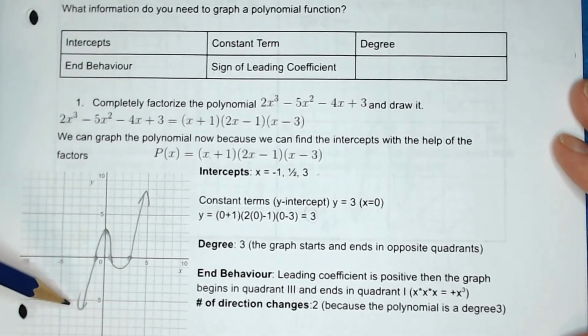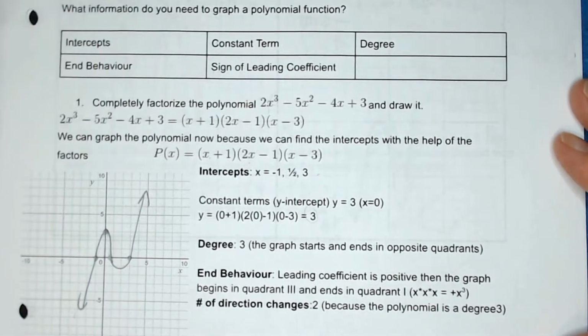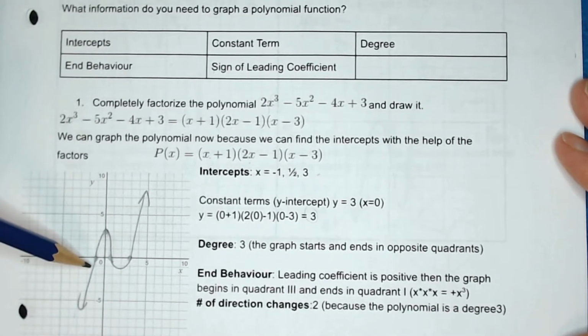So we know it's going to be decreasing in the third quadrant and increasing in the first quadrant. It's a positive value for our leading coefficient.